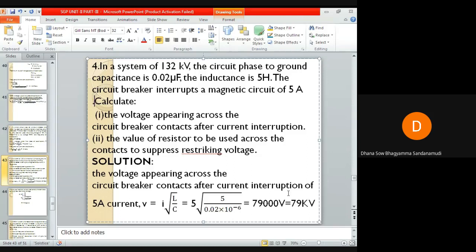If you have completed, type C. If you have not completed, type NC. Those who have typed NC, type C later on. I am remembering your roll number. I have seen your roll number. Type C later on, those who have not completed.